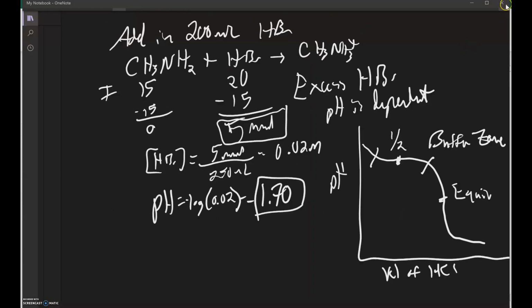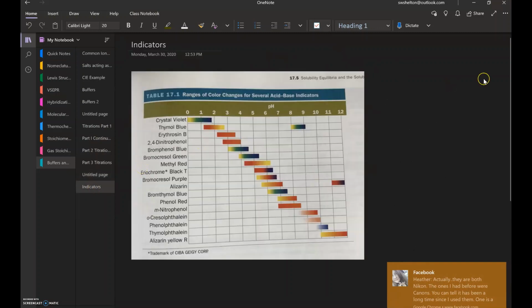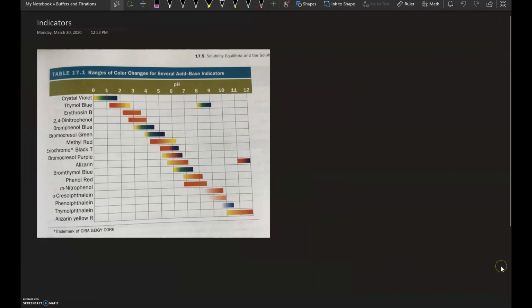Now what we're going to do is look into indicators. And so indicators are used for determining when the equivalence point takes place.